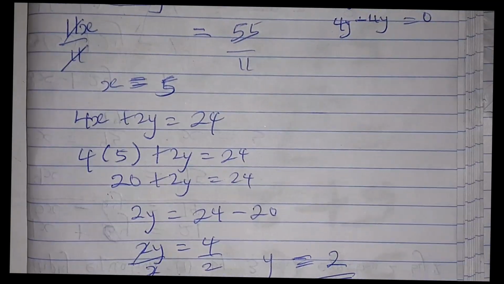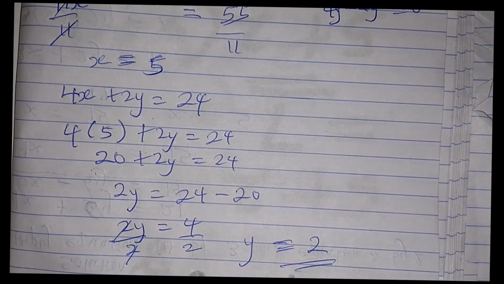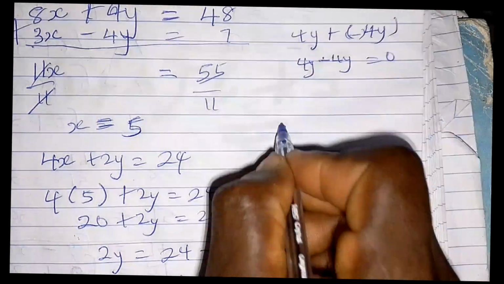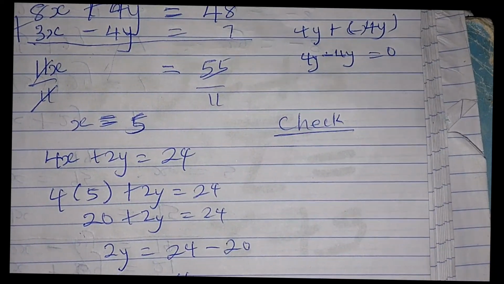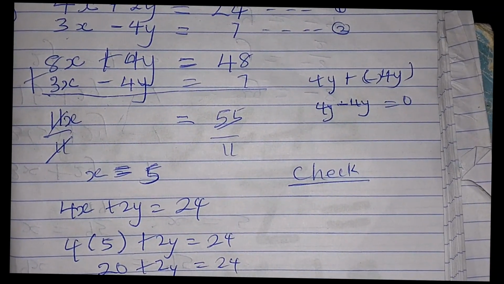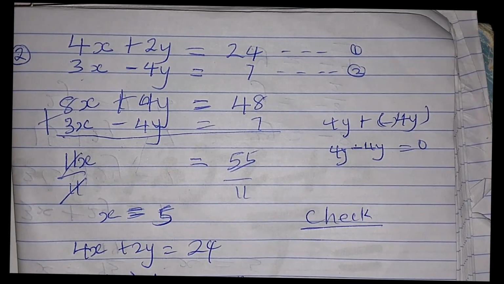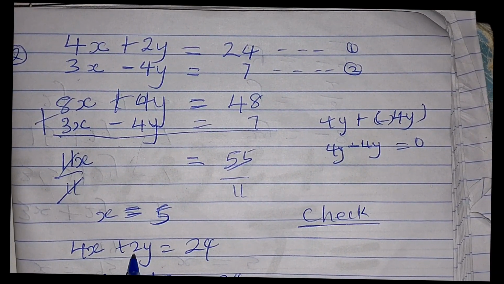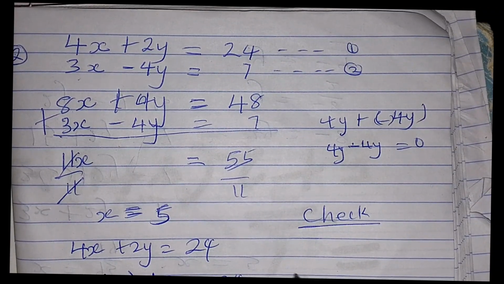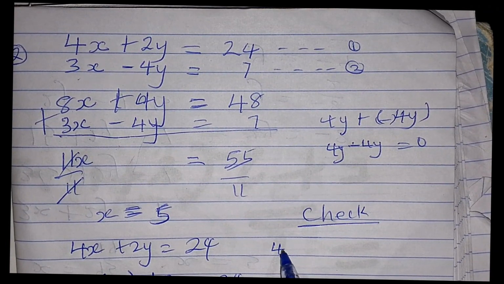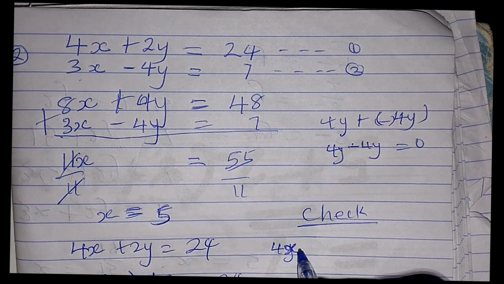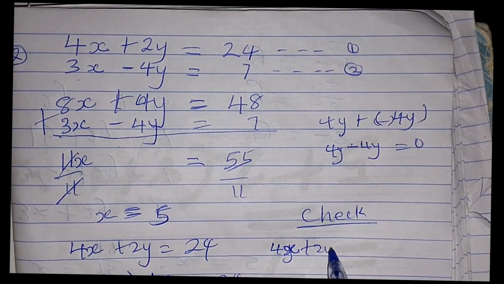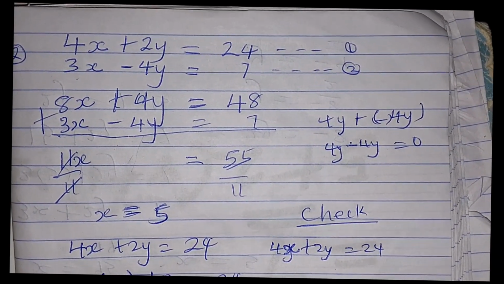Now let's check if our answers are correct by substituting the two values in any of the equations. So we can choose to use any of the equations. Let's say equation 1. So that is 4x plus 2y equals 24.